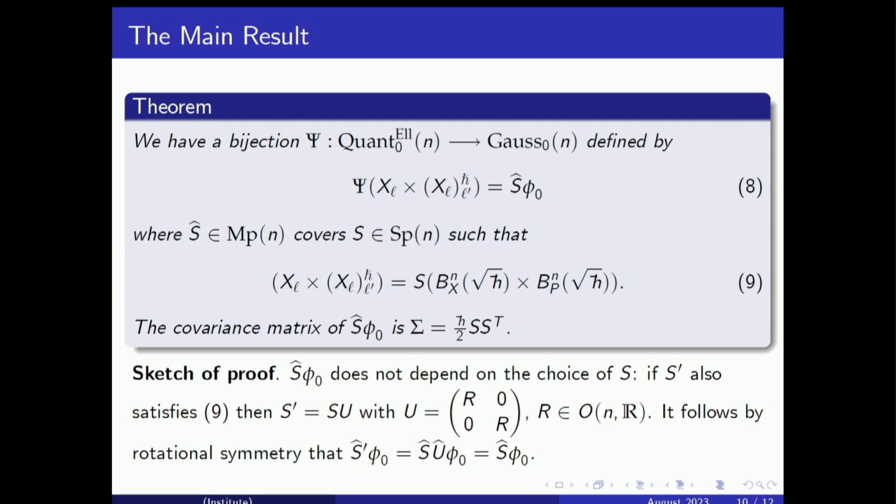And it follows by rotational symmetry that Ŝ'φ₀ is the same thing as Ŝφ₀. Using the same idea, you then show that the mapping is surjective and injective, so you get a bijection. Now, the last result, which generalizes this.